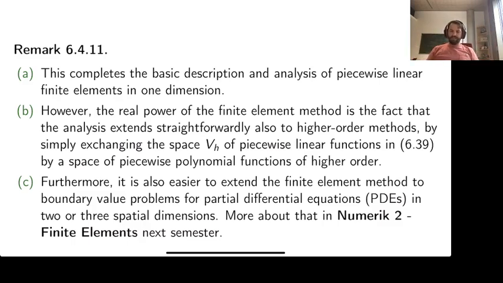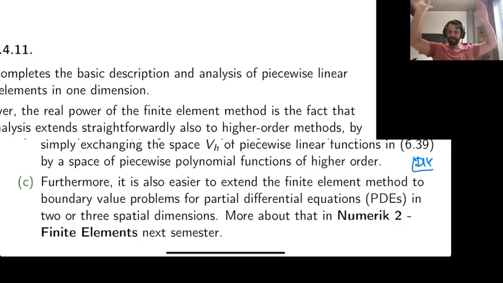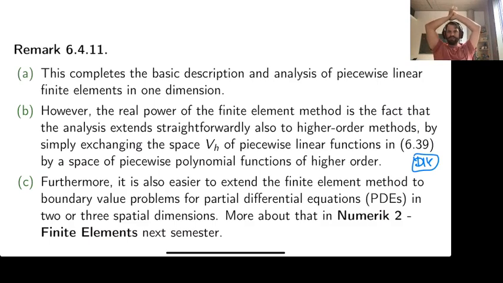So this can now be extended very easily, and it's a real DIY. I can put a DIY here because it's really straightforward to extend this to higher order. So I said before that the analysis for higher order in the finite difference method is a little bit involved. Here, all you do is simply exchange the space VH of piecewise linear functions in 6.39 by a space of piecewise quadratics, piecewise cubics, piecewise polynomial functions of higher order. And then all you need to do is redo lemma 6.4.8.